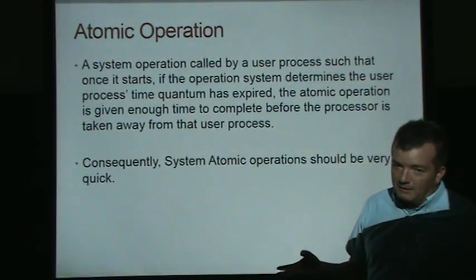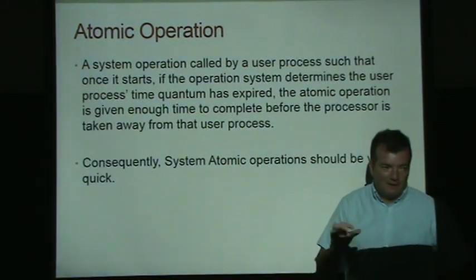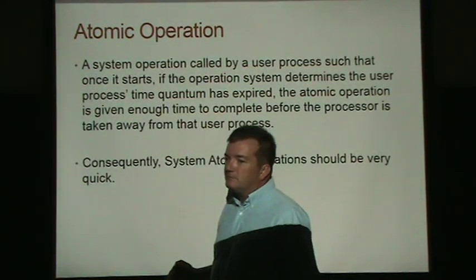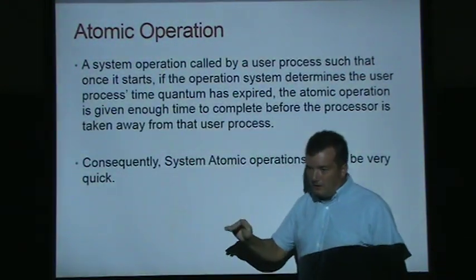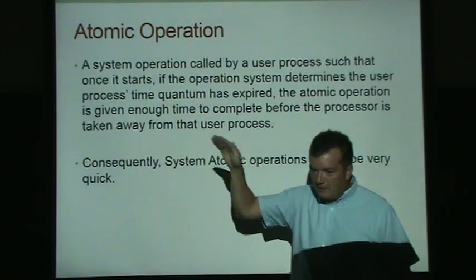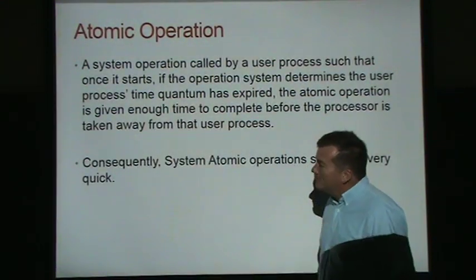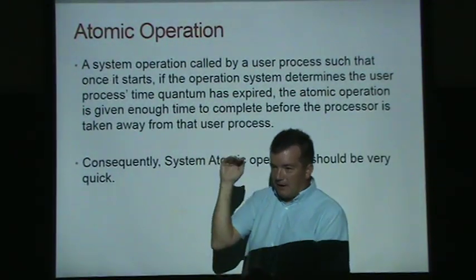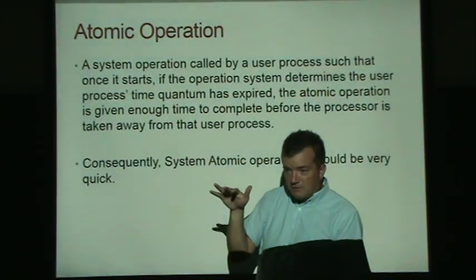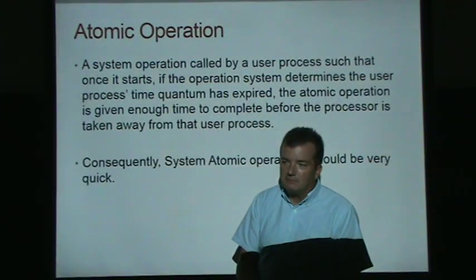That would work great, except what would all of you do if you had the ability to do that? Right? The first line of your code would be, don't interrupt me. And the last line of your code would be, okay, now you can interrupt. So that would mean that once your program got on the processor, if the operating system said, okay, your time quantum is up, you have to be moved, you would be locked onto the processor and you'd stay there until your program ran.